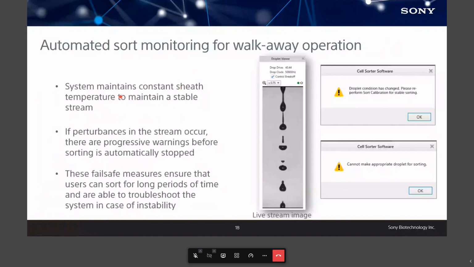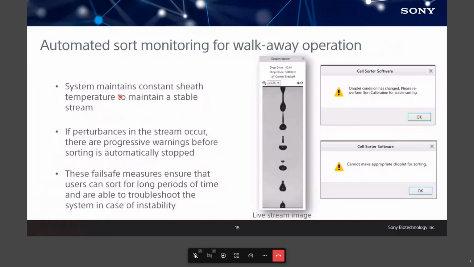If you've ever sorted before, you know that those droplets can be affected by changes in temperature in the room, barometric pressure, large vibration sources. If you're in a city and the subway goes by or some other instrumentation is in the room and causes a lot of vibration, that can cause a problem. So the system will maintain constant sheath temperature to maintain a stable stream.